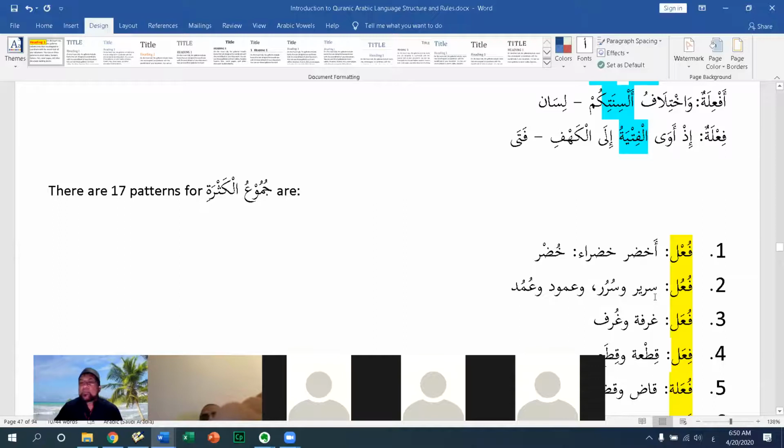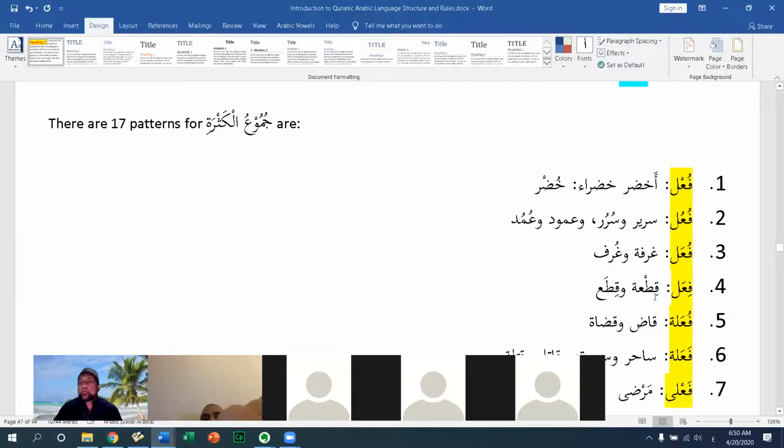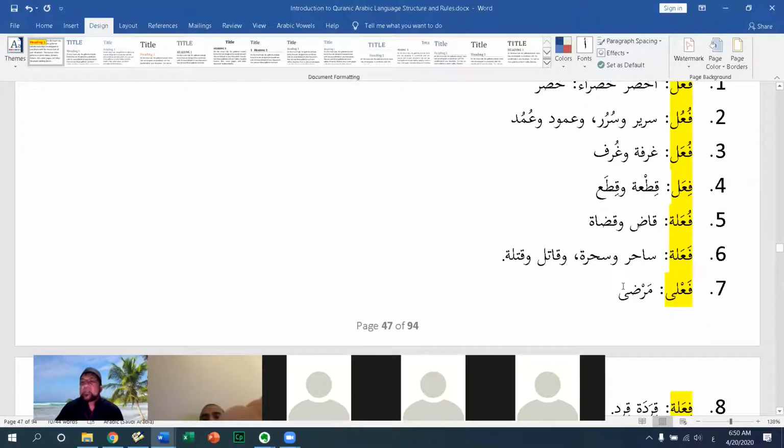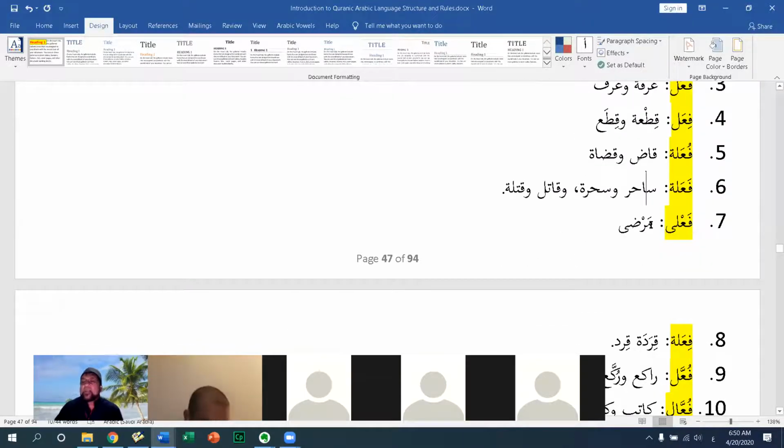Amudun, umudun. غرفة فعل غرف فعل قطعة قطع. فعلة قاض قضاة. The lam has been changed to alif. فعلة ساحر وسحر قاتل وقتل. سحر is the plural of ساحر. مرضى فعل مريض مرضى.